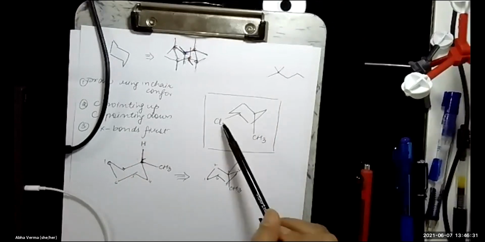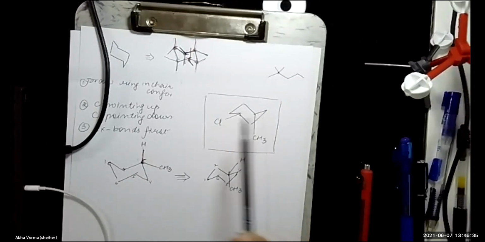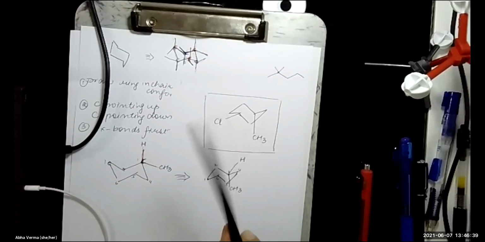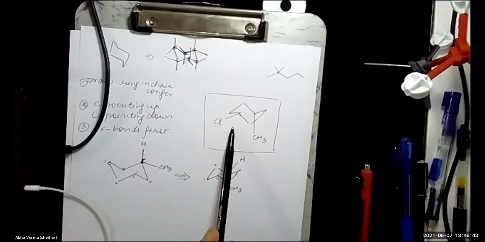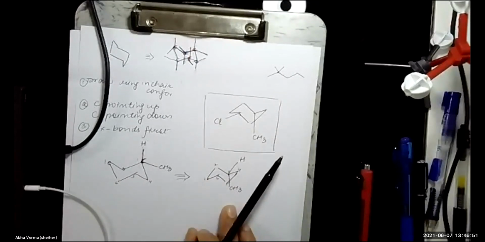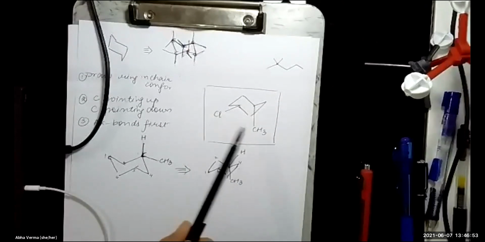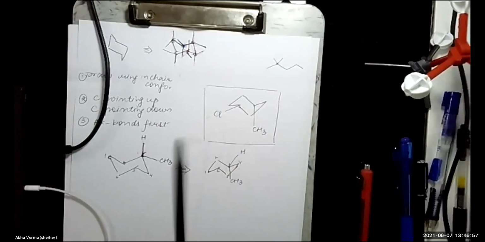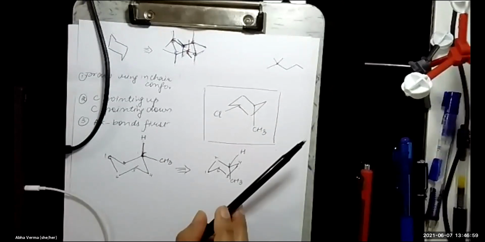Out of these two, one is a chlorine, one is a methyl. I hope all of you have drawn the structure. Is there anyone who has not drawn the structure yet? Okay. I'm assuming everybody's pointed no, so everybody knows. Out of these two structures, which of these have been placed on an axial side?